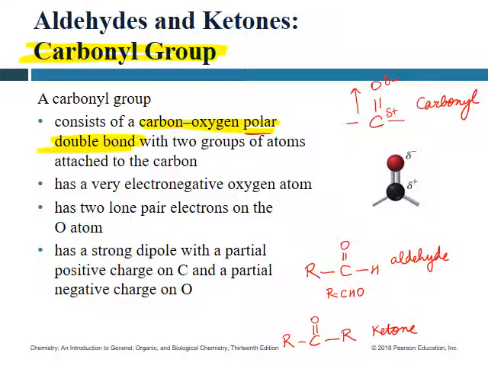As long as you see C on both sides, this could be anything, right? This carbon can have anything attached to it. As long as there is this carbon double bonded to oxygen which is bonded to two other carbons, this would be a ketone. As long as one of these carbons is replaced by a hydrogen, that would make it an aldehyde. So those are aldehydes and ketones.